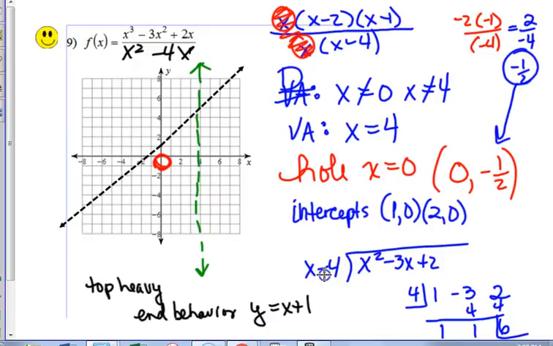Good point, Kate. That line doesn't look very straight to me, but I did my best. Okay. We also had 1, 0, and 2, 0. So what the graph is actually doing, it's down here this time, coming through here, turning around and going like this.